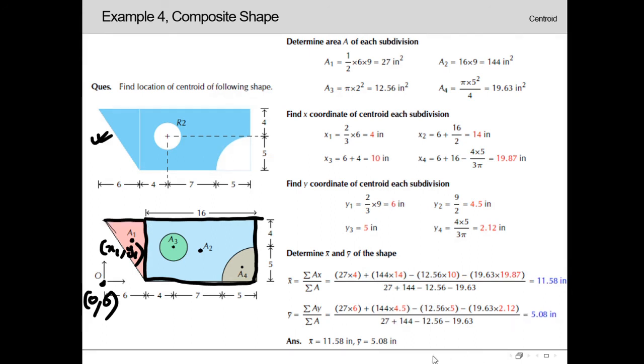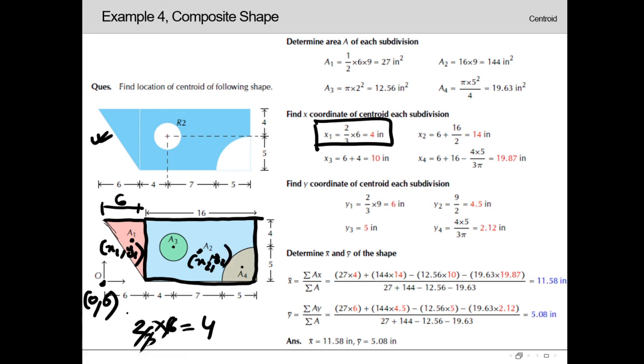While considering the increasing segment, we need to consider 2/3 of the total length along the x-axis. The total length along the x-axis of this segment 1 is 6. So 2/3 of 6 will be 4. So x1 will be equal to 4.